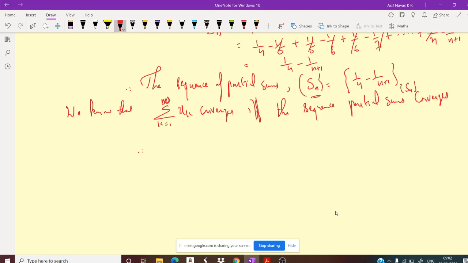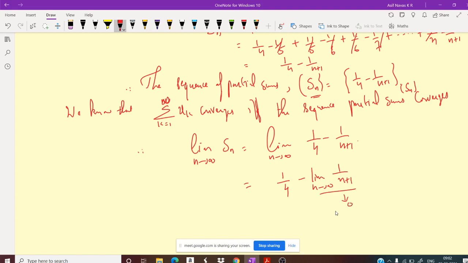Therefore, we take the limit as n tends to infinity of Sn, which is equal to the limit as n tends to infinity of 1 by 4 minus 1 by n plus 1, which is 1 by 4 minus the limit as n tends to infinity of 1 by n plus 1. This term goes to 0.